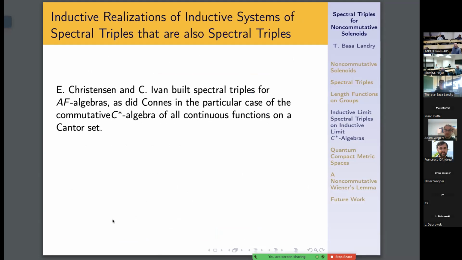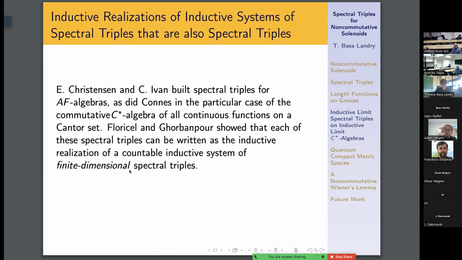And so for the examples that they considered, they showed that the AF algebras by Christensen and Ivan, and also those of Kahn for the commutative C-star algebras of continuous functions on a Cantor set, are all spectral triples that can be written as an inductive realization of a countable inductive system of finite dimensional spectral triples.